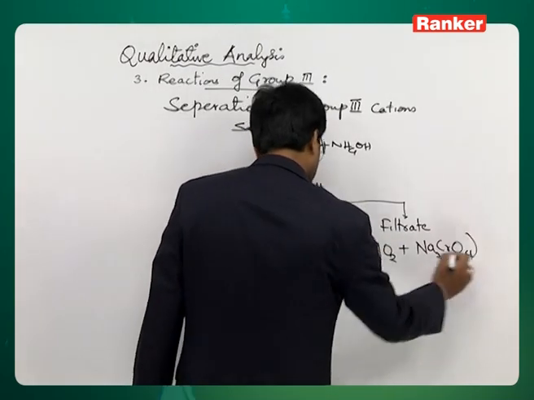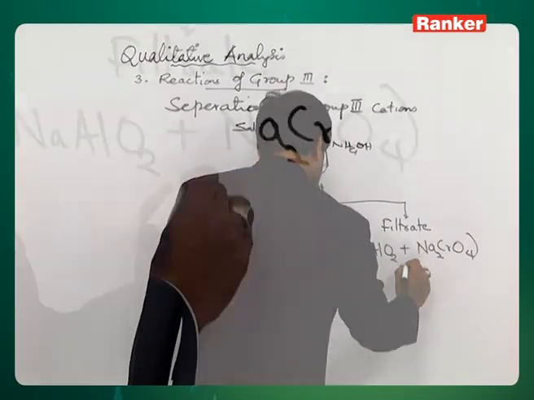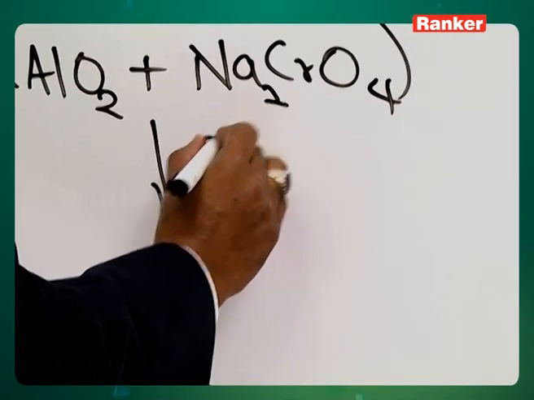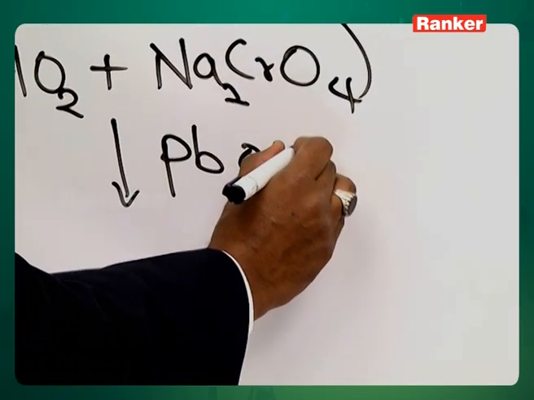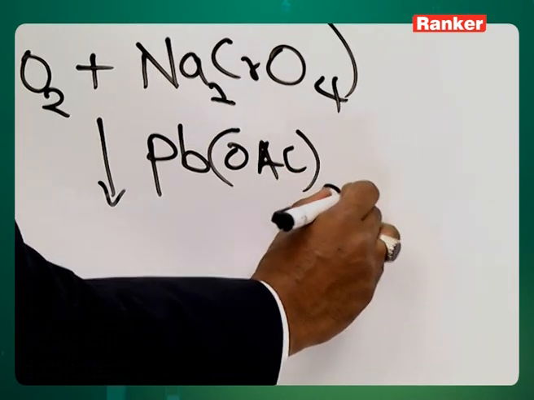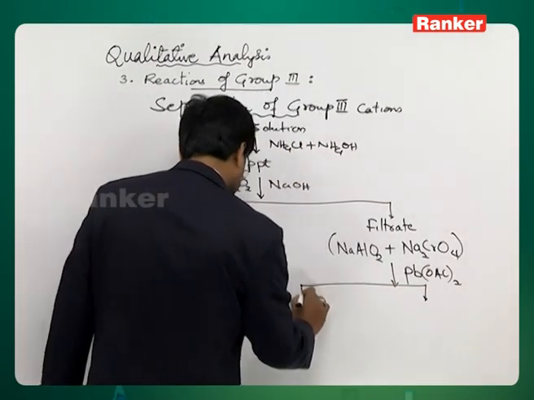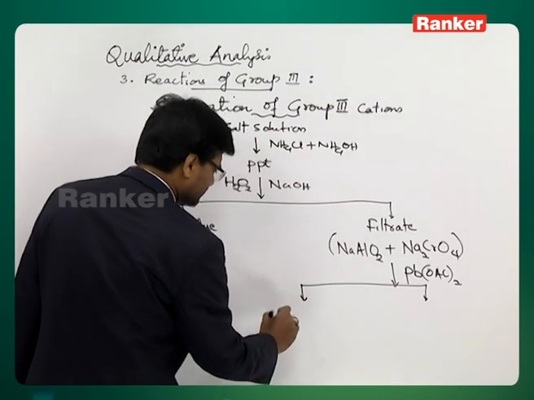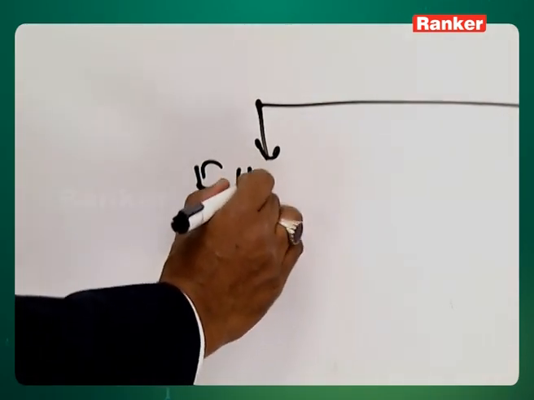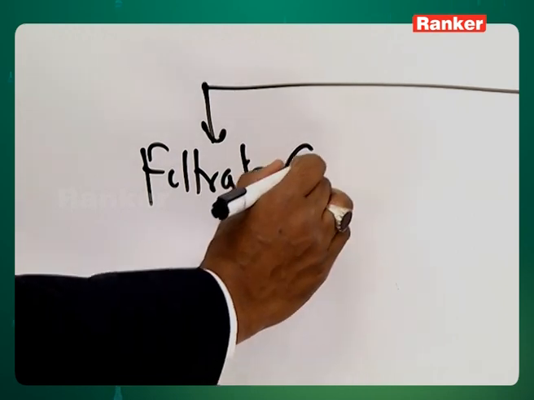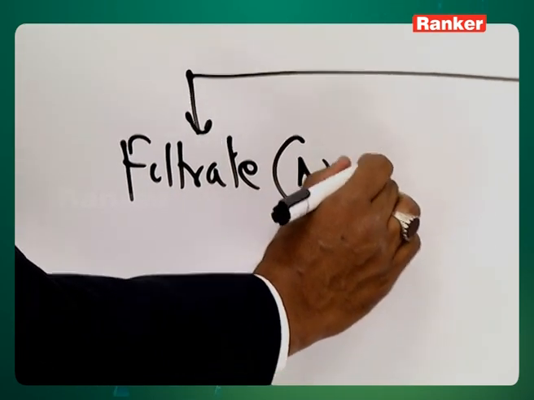This is then treated with lead acetate and filtered. The filtrate will have NaAlO2.